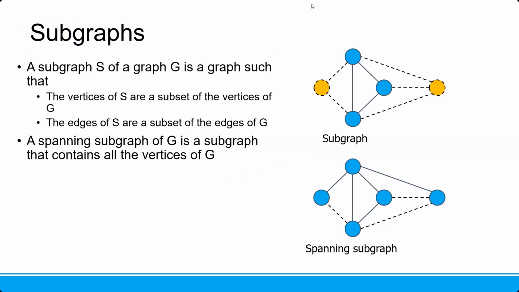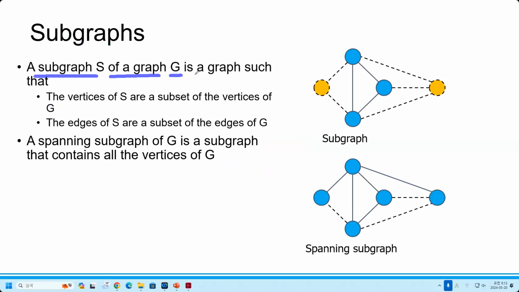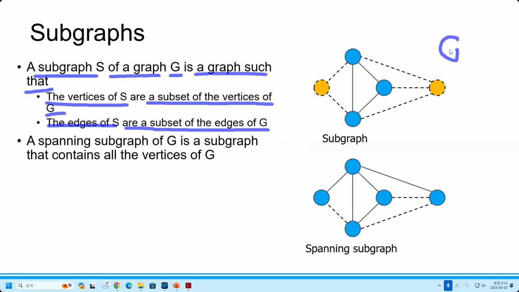By the definition, a subgraph S of a graph G is a graph such that the vertices of S are a subset of the vertices of G, and the edges of S are a subset of the edges of G. So if I have a graph G like this one, I have 1, 2, 3, 4, 5 nodes or 5 vertices, and then I have 1, 2, 3, 4, 5, 6, 7, 8, so 8 edges.